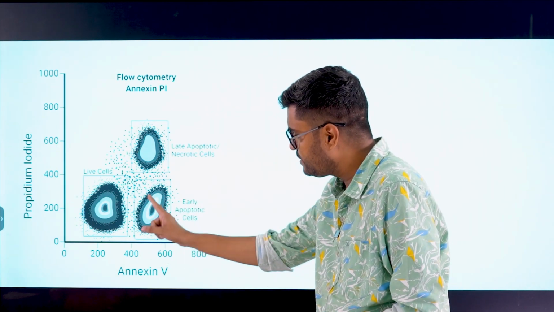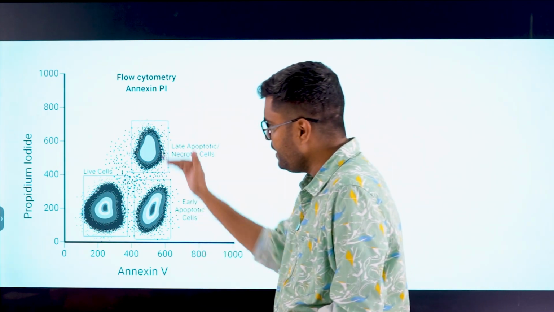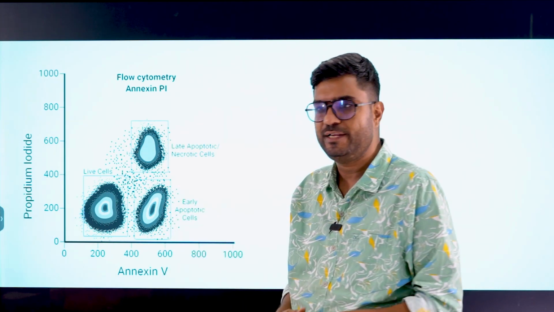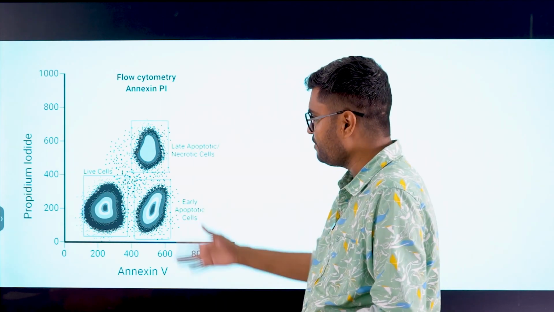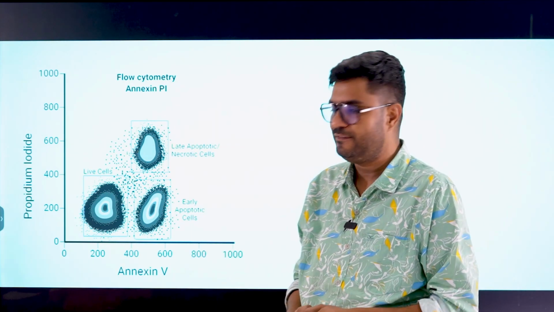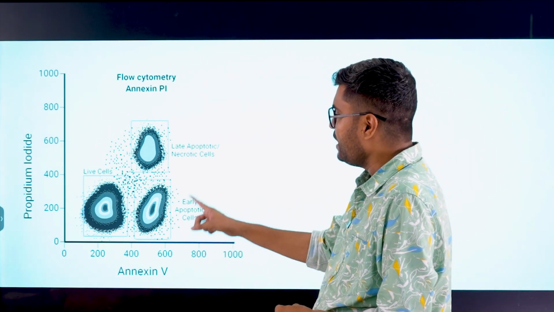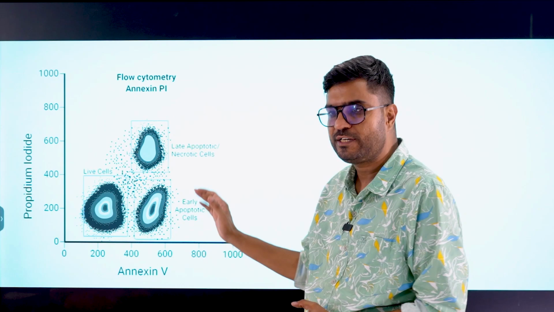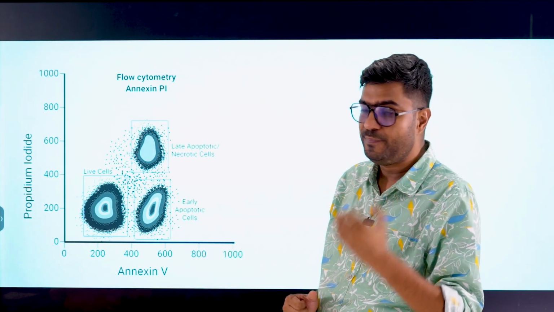These are the cells positive for Annexin 5, negative for propidium iodide, meaning the apoptosis is going on. Cells have started the apoptosis, but they are still alive. They are not dead. We call them early apoptotic cells. Positive signal for Annexin 5, but negative signal for PI.